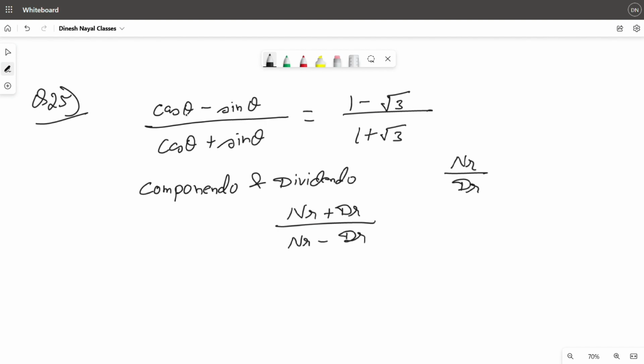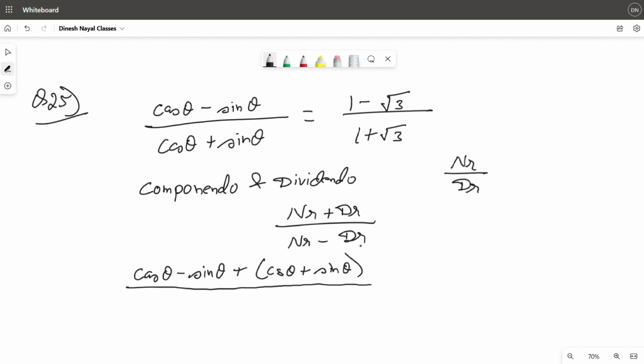Starting from the left hand side, this is NR plus DR. The numerator is cos theta minus sin theta plus the denominator, which is cos theta plus sin theta, written inside the bracket. Again NR minus DR: the numerator is cos theta minus sin theta, minus the denominator, cos theta plus sin theta.